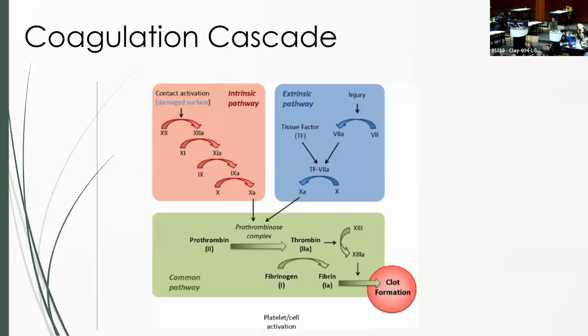So this is a cascade. I'm not going to talk too much about what the different molecules are. You can read about that, but it's a ton. And the reason they're not in order is because some geniuses decided that they should be named in the order of discovery rather than the order of the process.